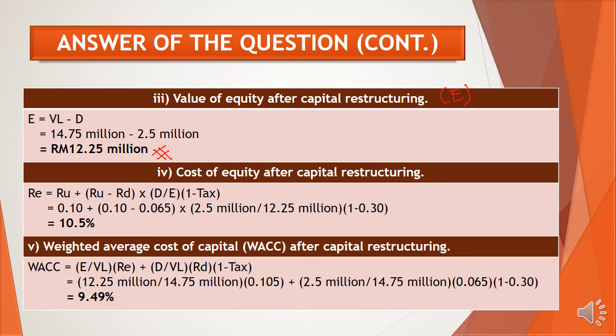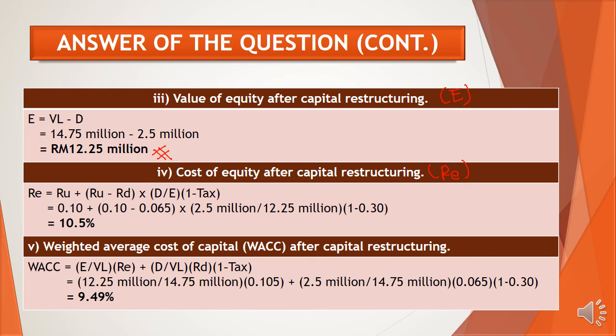Okay, and then for the next question, calculate the cost of equity after capital restructuring. Cost of equity is RE, and based on the formulas, RE equals RU plus RU minus RD times D over E times 1 minus tax.